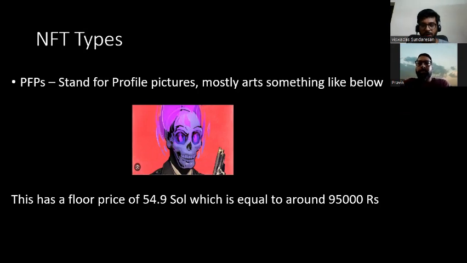They are hyped a lot because PFP NFTs represent you. PFP stands for profile picture, and people like to have a fancy profile picture, like the one that you see on the screen. It's an NFT from a collection called Mad Lads, and they are a PFP collection.